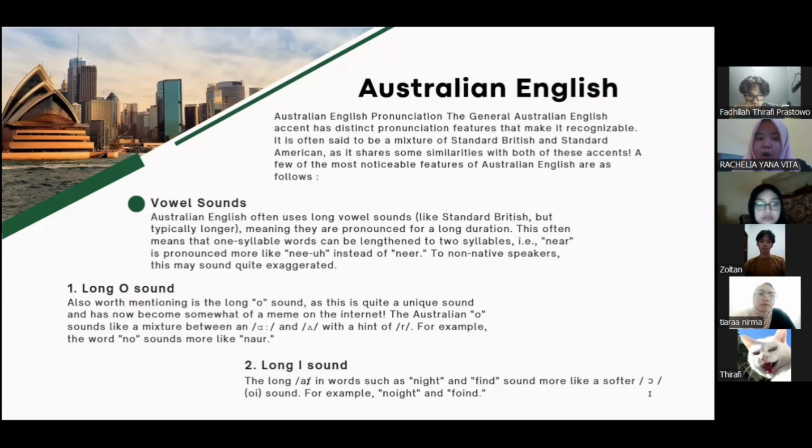First, long O sound. Also worth mentioning is the long O sound, as this is quite a unique sound and has now become somewhat of a meme on the internet. The Australian O sounds like a mixture between an A and A, with a hint of R. For example, the word no sounds more like nar.